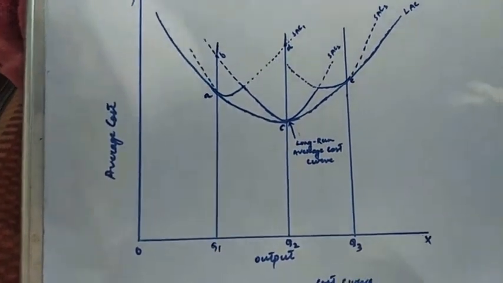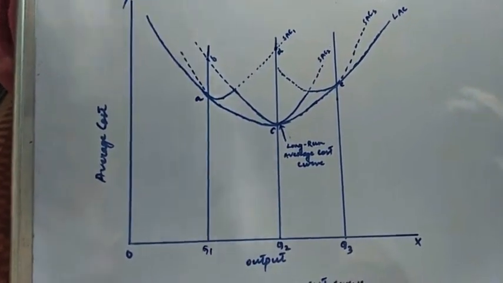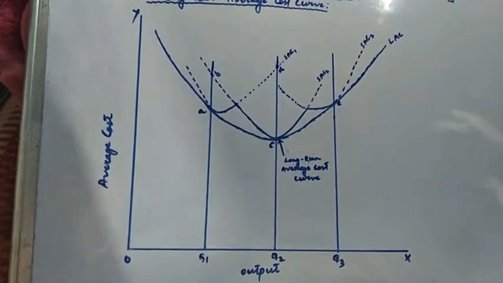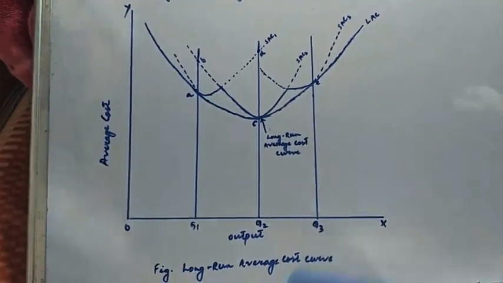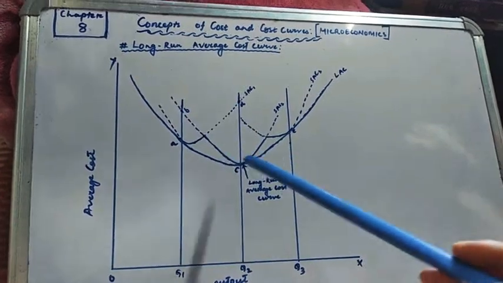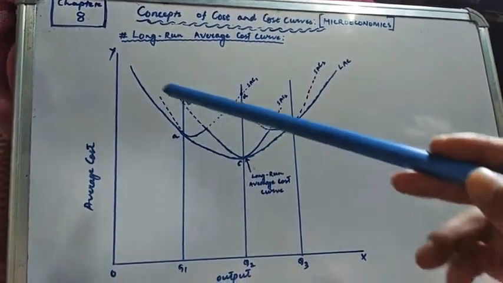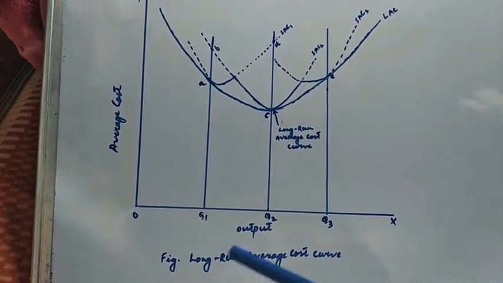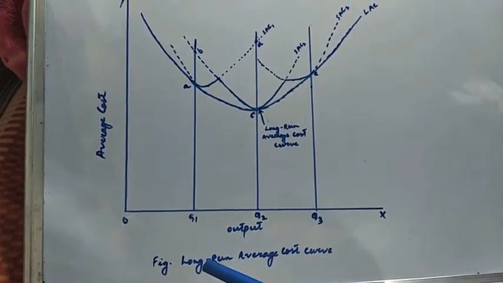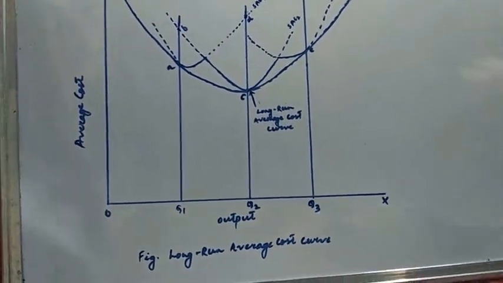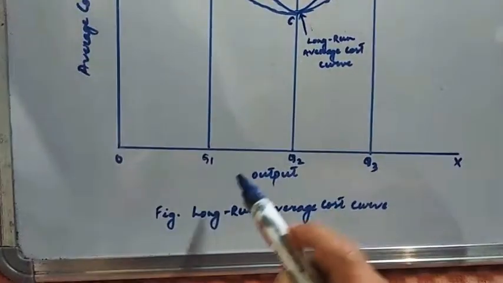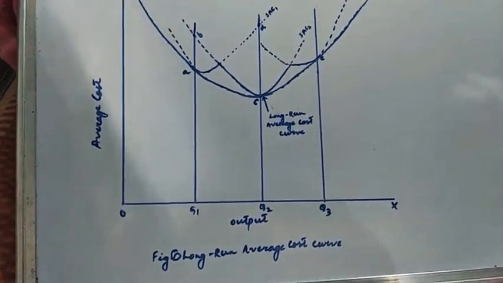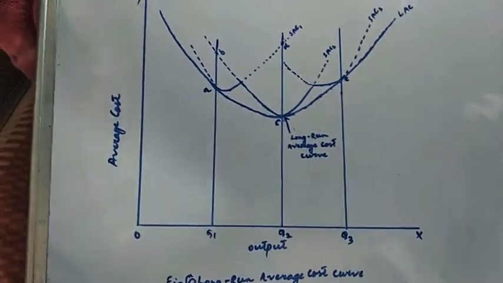So figure 6 shows how the long run average cost curve is derived. This is the diagram representing the derivation of the long run average cost curve, figure number 6.